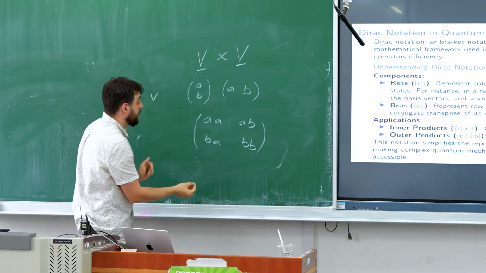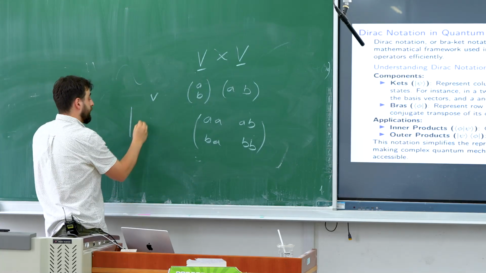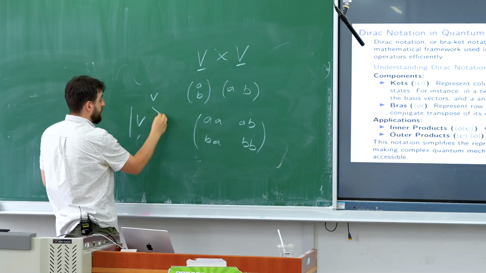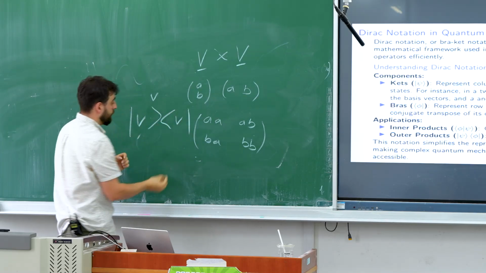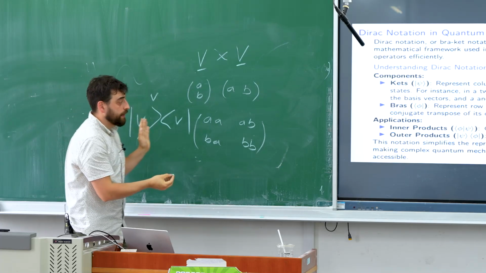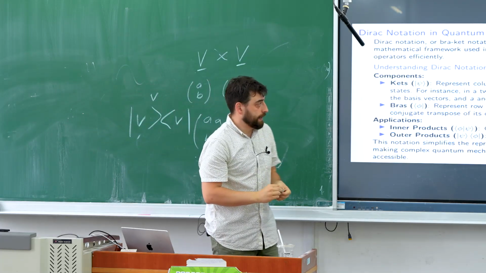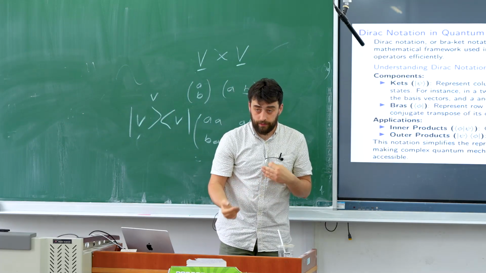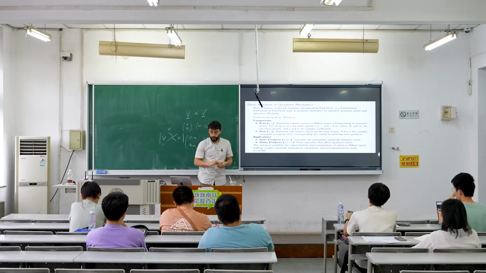In Dirac notation, the outer product is written like this. That's all it is. It's a way of writing linear algebra, a way of writing vectors.